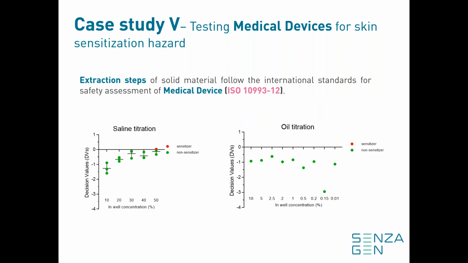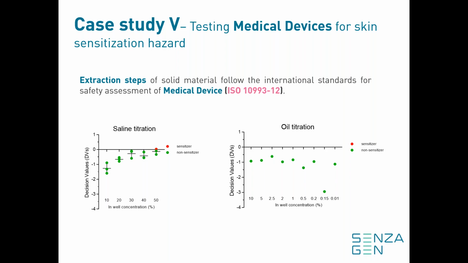The first thing we did was to test that the GARD assay was compatible with both a polar and a non-polar extraction vehicle. The figures to the left show the testing of the polar extraction vehicle at different concentrations, and as you can see, you can use an in-well concentration corresponding to at least 50% of this extraction vehicle and still not have a false positive classification.